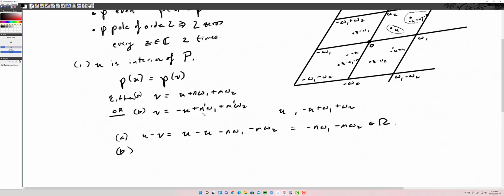For the second case, we could just look at u plus v, and that gives us u minus u plus n prime omega 1 plus m prime omega 2, which gives us n prime omega 1 plus m prime omega 2, which is clearly a period.